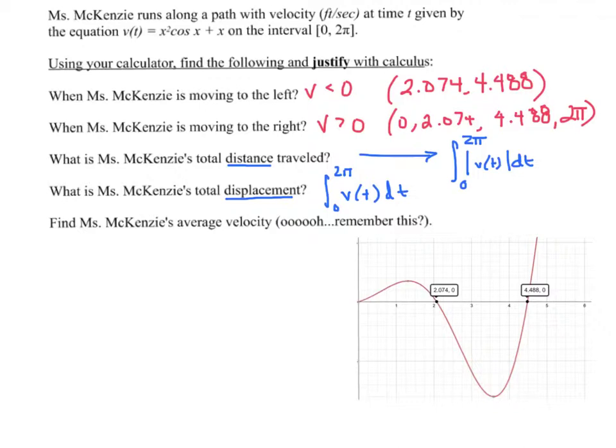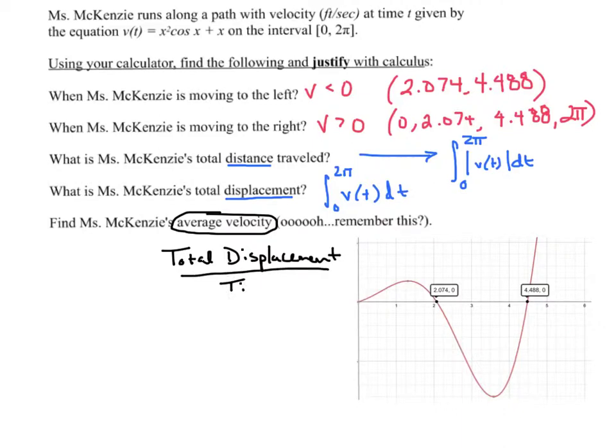Now, average velocity. Couple ways you could think about this. Average, we could say, well, velocity is distance over time. So if I knew how much total movement or displacement there was, and just divided that by time, and the example would be if Miss McKenzie ran 100 feet in 20 seconds, then her average velocity was 5 feet every second.